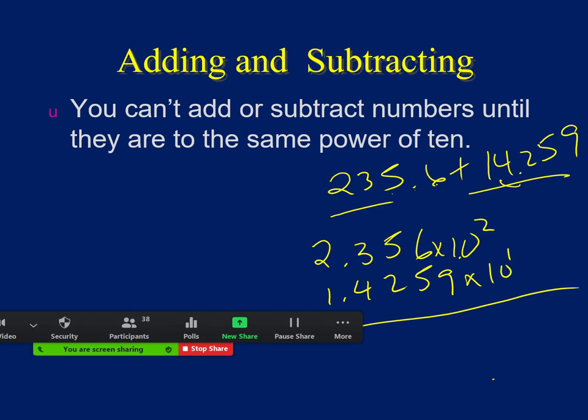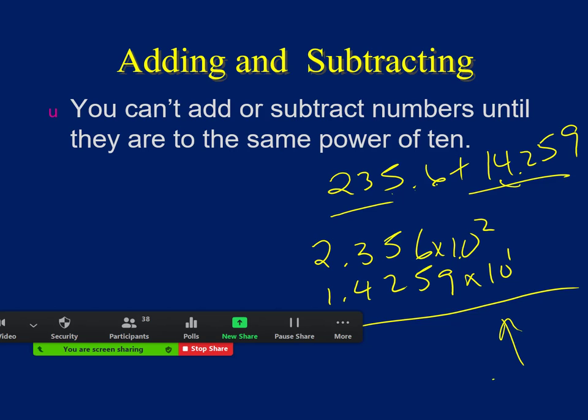See how that changes the lining up? They don't line up if they've got different powers of 10.